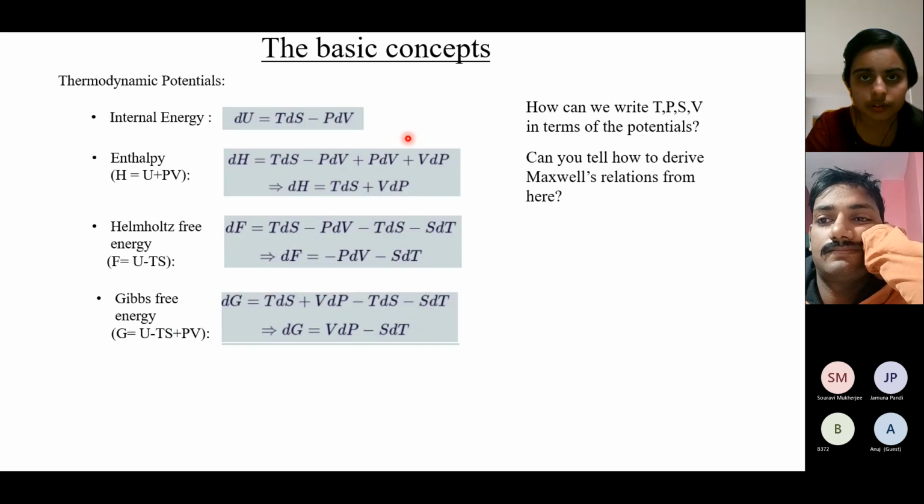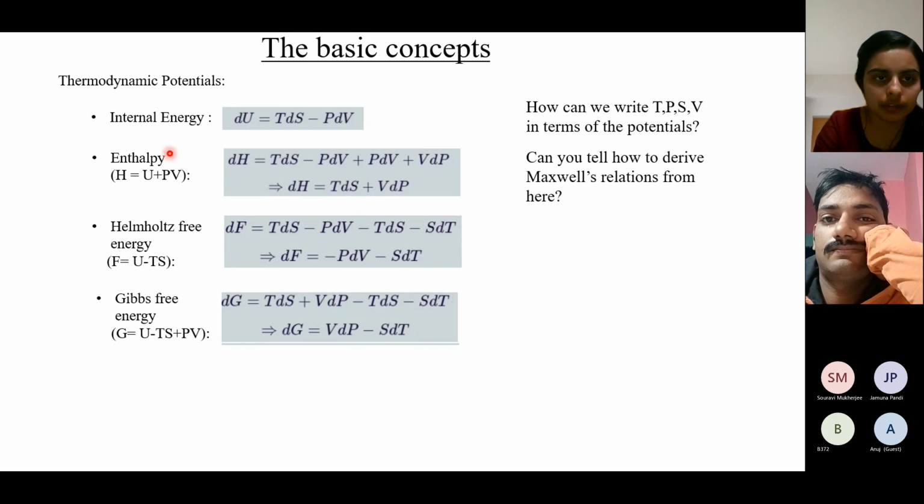Okay. So now talking about these thermodynamic potentials, we know about the different thermodynamic potentials and how they can be written in terms of these differentials, right? This thing is clear, correct? Now, suppose you have this expression, can you write T or P in terms of the internal energy?